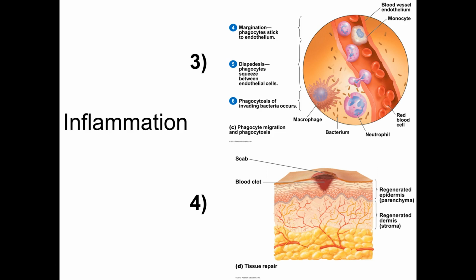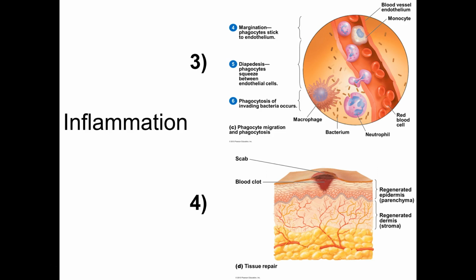Now, at the end of cell communication, we talked about adhesion molecules, sticky proteins that allow your cells to grab onto each other. So right here, the blood vessels surrounding the site of damage are grabbing on to these white blood cells. Those are those adhesion molecules.